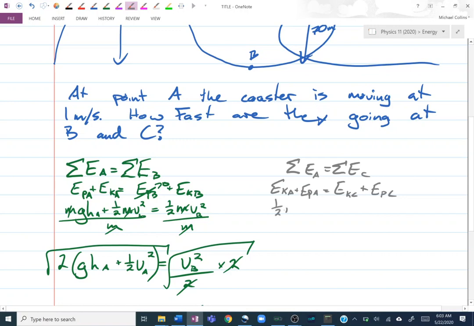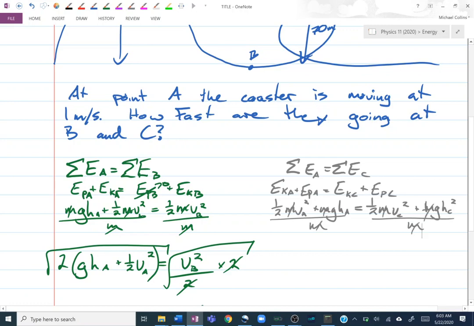I have a half m v_A squared plus m g h_A. That's equal to a half m v_C squared plus m g h_C. Notice how mass is in every single one of my terms again. This ends up independent of mass.